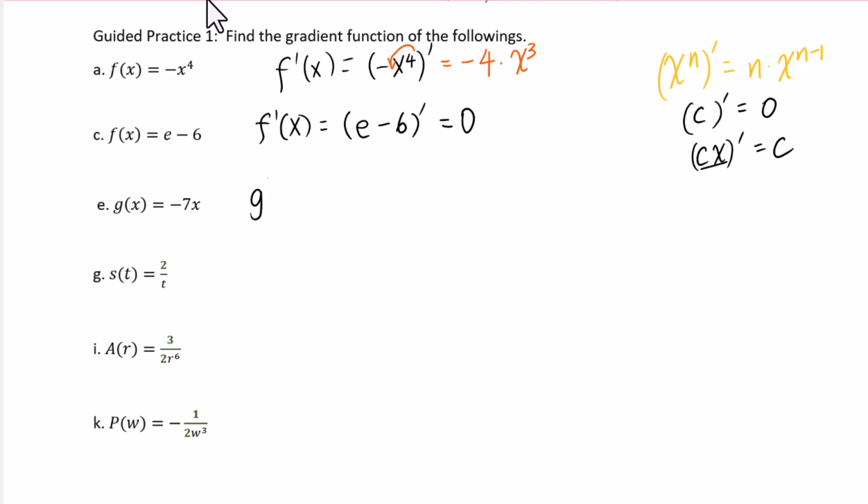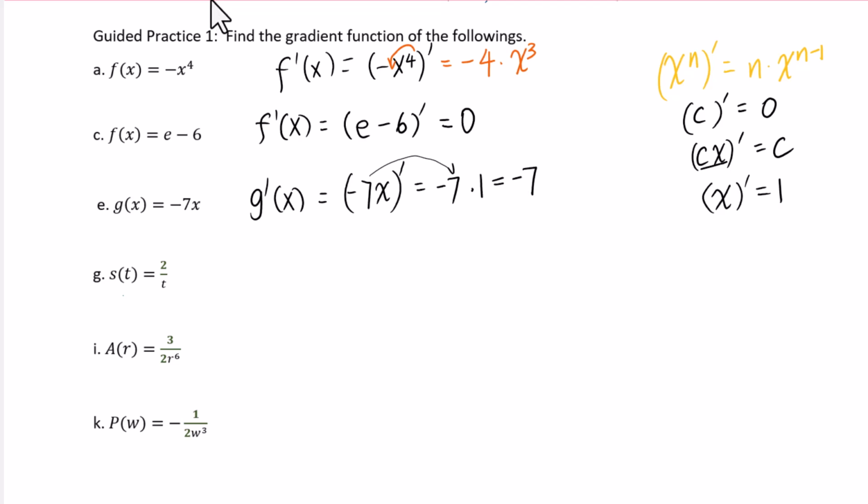E, j prime of x equals negative 7x prime equals negative 7. You can also remember x prime equals 1. So negative 7 is a coefficient. Bring down coefficient. Then times 1 equals negative 7.